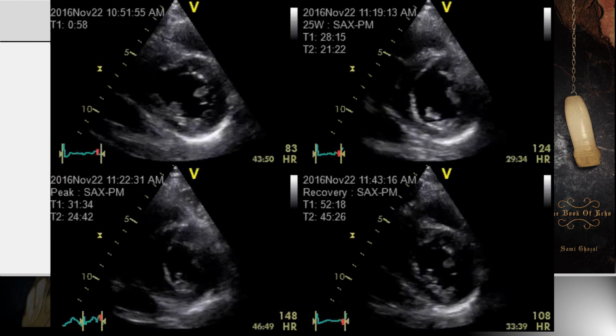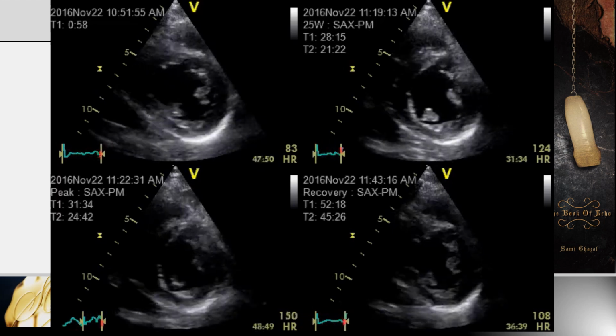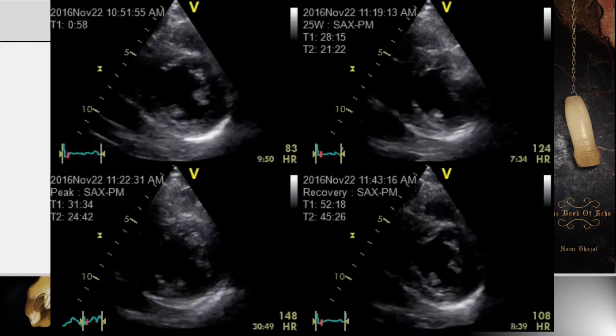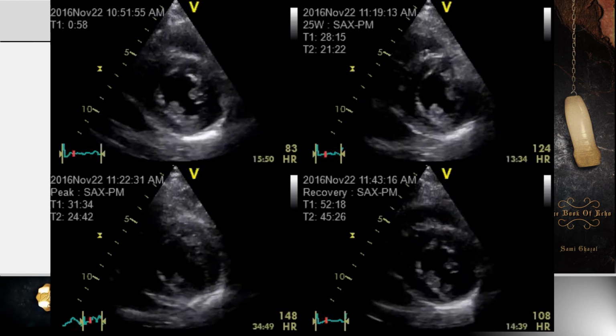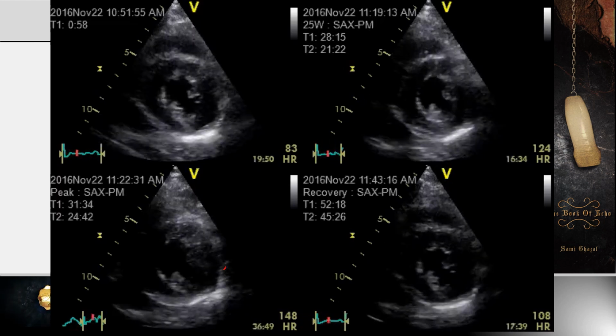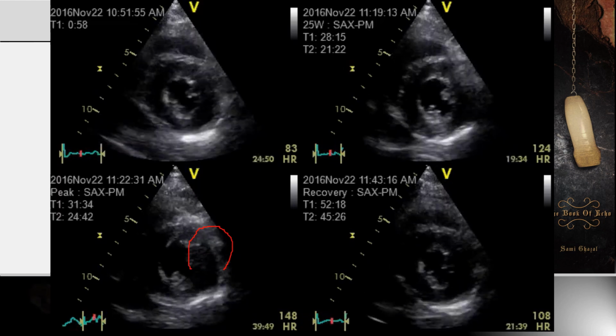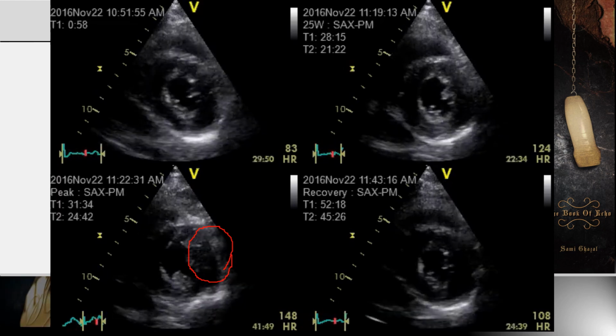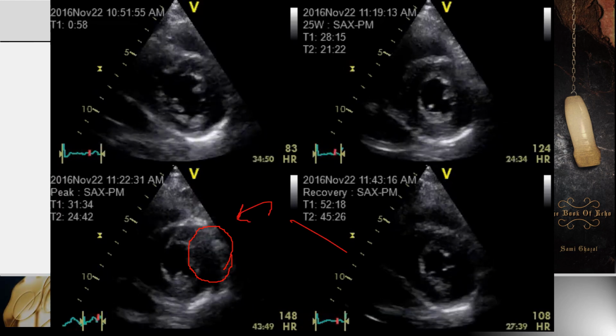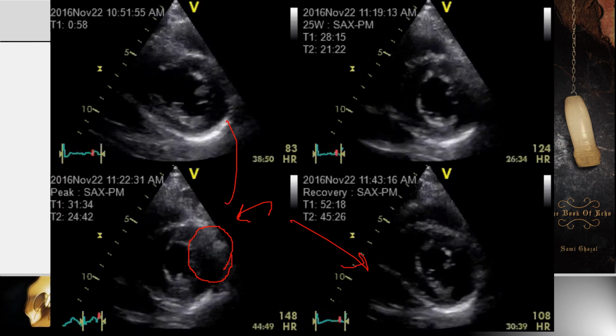But now here, if you look in the short axis, I like the short axis because it shows you everywhere, 360 degrees of the heart, except the apex. So you can see here that the anterior and anterolateral walls become hypokinetic. So compare this peak exercise with recovery and compare this with the resting.